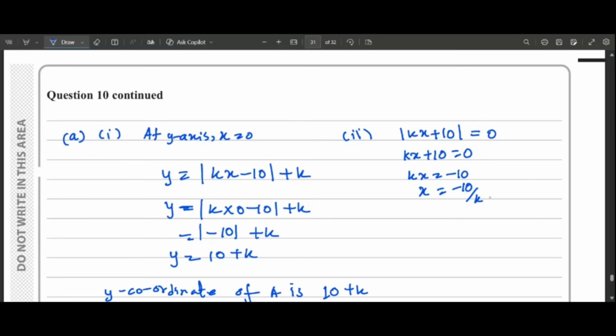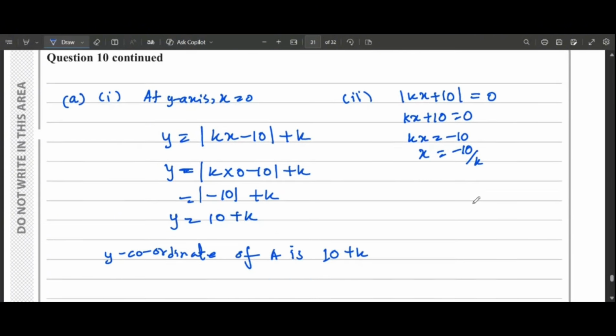So this is the x coordinate of our vertex. For the y coordinate of our vertex, we can use the same property. We know that at our vertex, the term inside the modulus is equal to 0. So we can use this information to find y at our vertex.